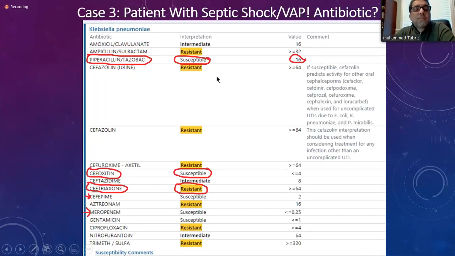The problem is, if you are encountering pneumonia, even if it is 8, it's not that helpful to use piperacillin tazobactam, even if it is not a septic shock patient. The reason is some antibiotics get to the urine in such high concentration that it actually overcomes the intermediate sensitivity, or even sometimes resistant organisms you can treat with this particular antibiotic because the concentration of the drug in urine is very high as opposed to lung and other tissue. So those are other important factors you sometimes consider when you choose the antibiotic.